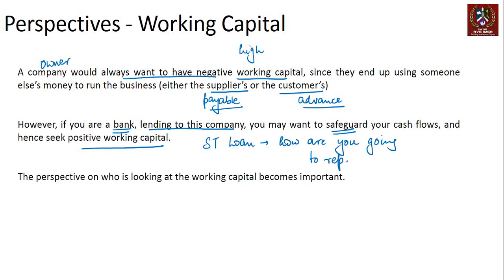And it is in this context that the perspective on who is looking at the working capital becomes important. Remember, decision making in the working capital context always entails some sort of risk.